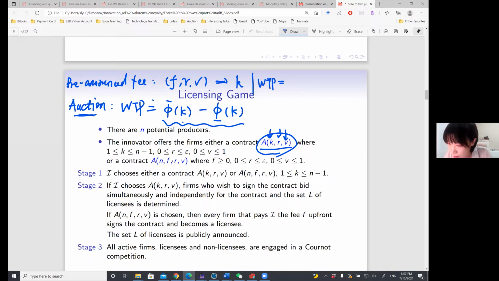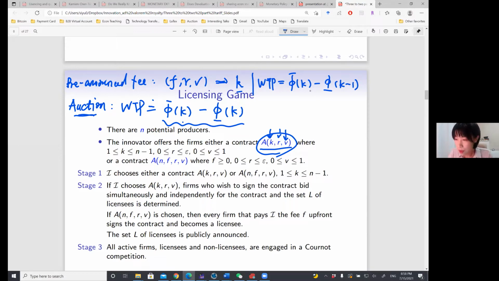If you're a licensee, you compete with K minus 1 other licensees in the market. Now, if you deviate to be a non-licensee, you actually change the number of licensees, because there are only K firms that want this contract. If you don't want it, no one else will replace you.